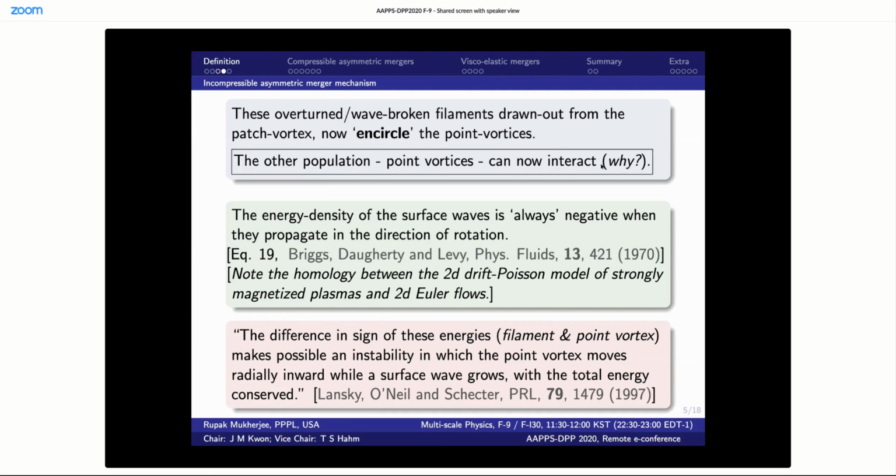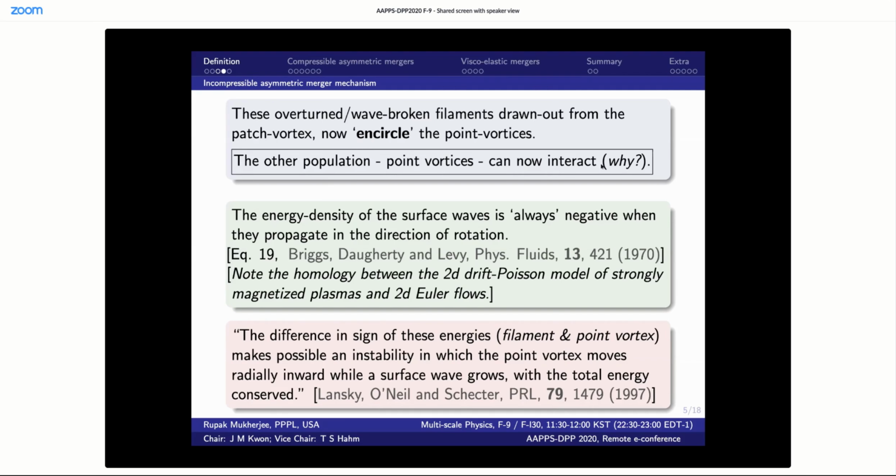They have it in terms of density, and what we call vorticity they have in terms of the density of the electron, something like the gradient of the number density of electrons. So you can see the energy density of the surface waves, that is the filaments, is always negative when they propagate in the direction of rotation.